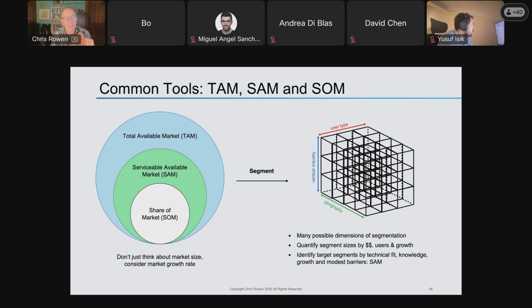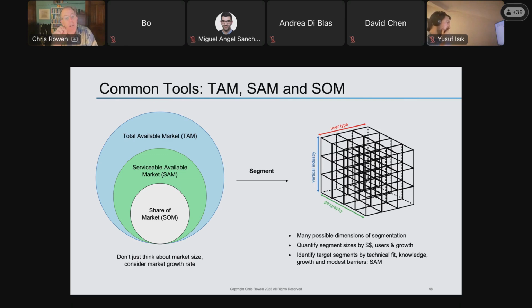Once you've looked at how much of the market is actually available to you for your current state of the product, you say, okay, what's my share of that market? How much am I getting versus the other competitors who can service the same SAM? That's important because it gives you an understanding of the nature of competition.